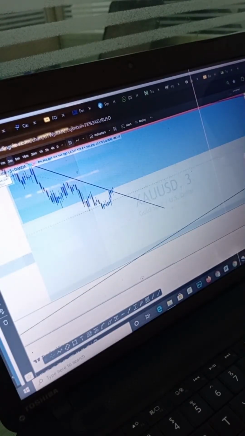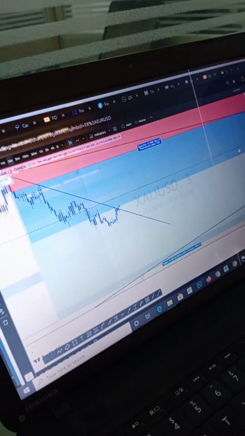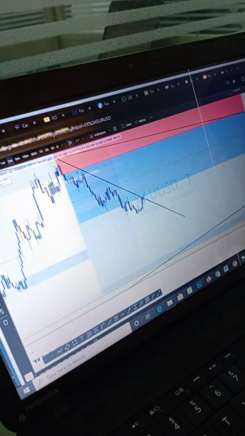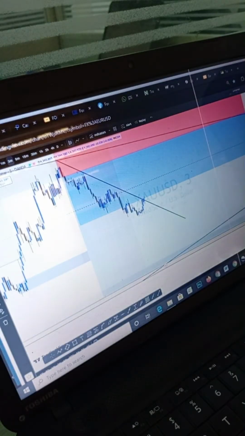I wish you all the best on the trade. For those who want to close, you're free to, or still hold the trade through to our TP.